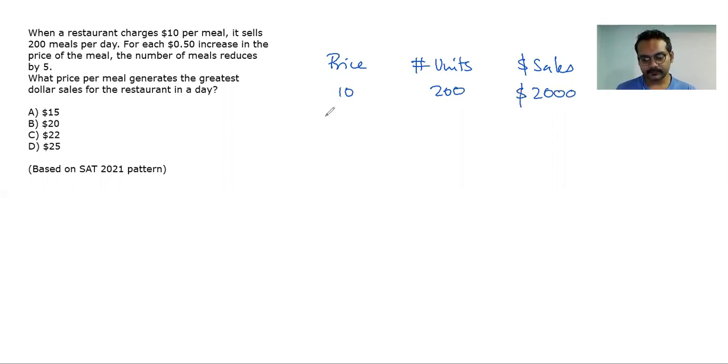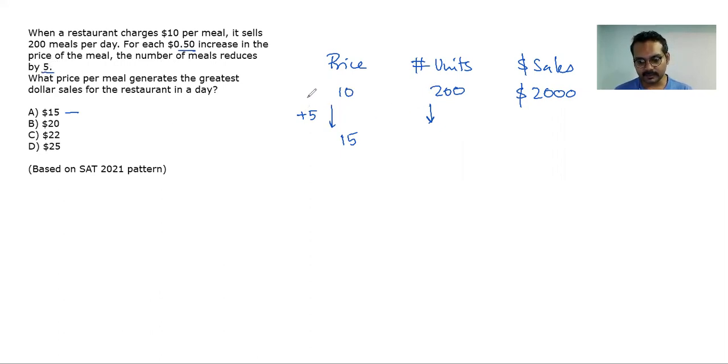Now, looking at the options, if it is $15, the price has become 15, so you have done plus 5. We know that for every 0.5 increase in price, the number of units will reduce by 5.